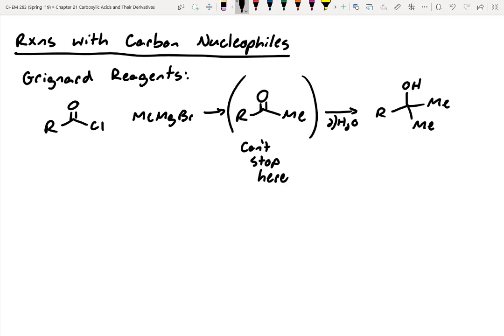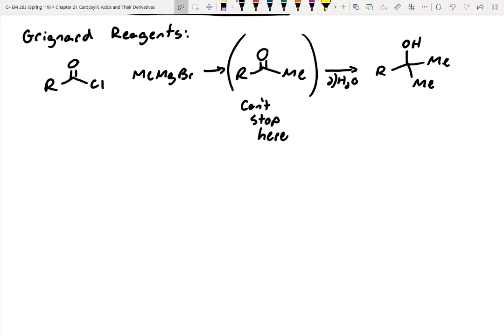All right. However, like we saw previously, chemists don't like being told, no, you can't do something. So they tried to develop a way of stopping at the ketone. This is called the Gilman reagent, and these are organocuprates.